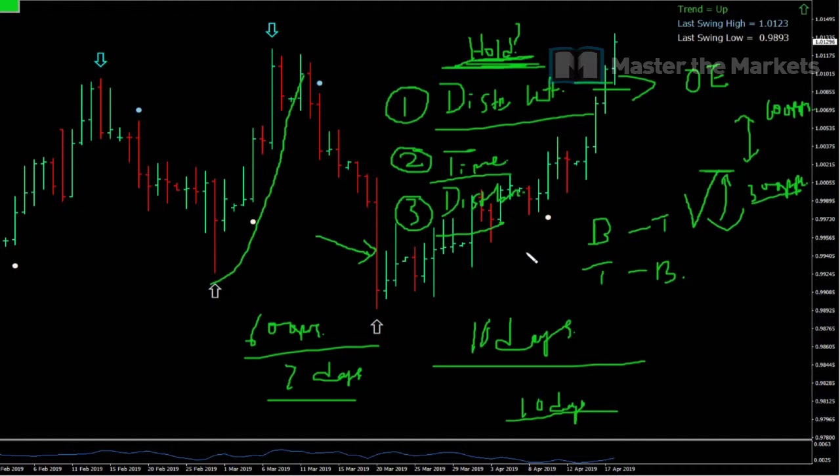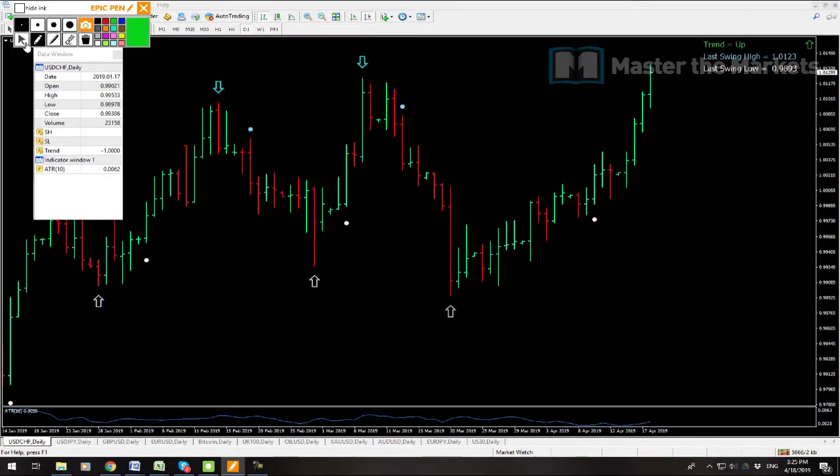You can exit on the close, or you can exit on an aggressive stop as well. Look at that, there's another distribution bar over here, is it not? So based on distance, time, and distribution bars, you can determine how long you want to hold your trade for. Let's look at some examples very quickly.